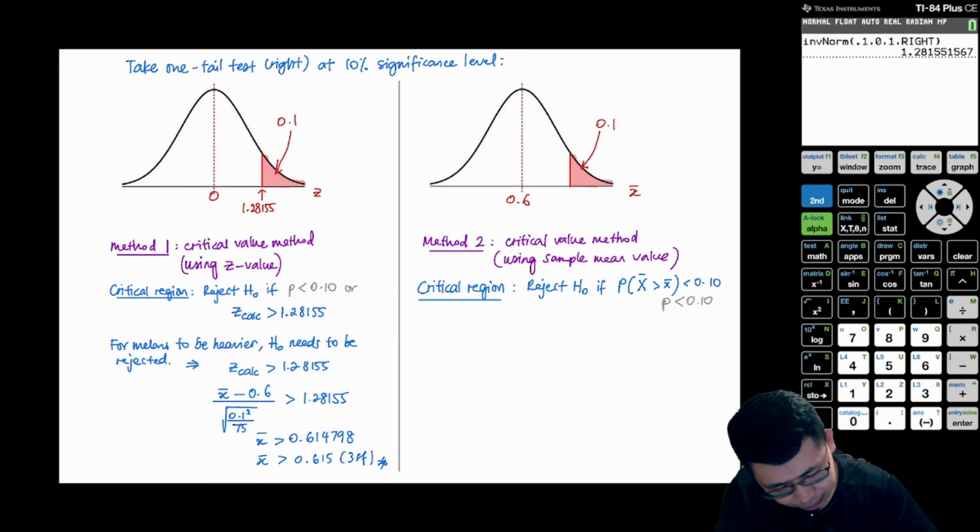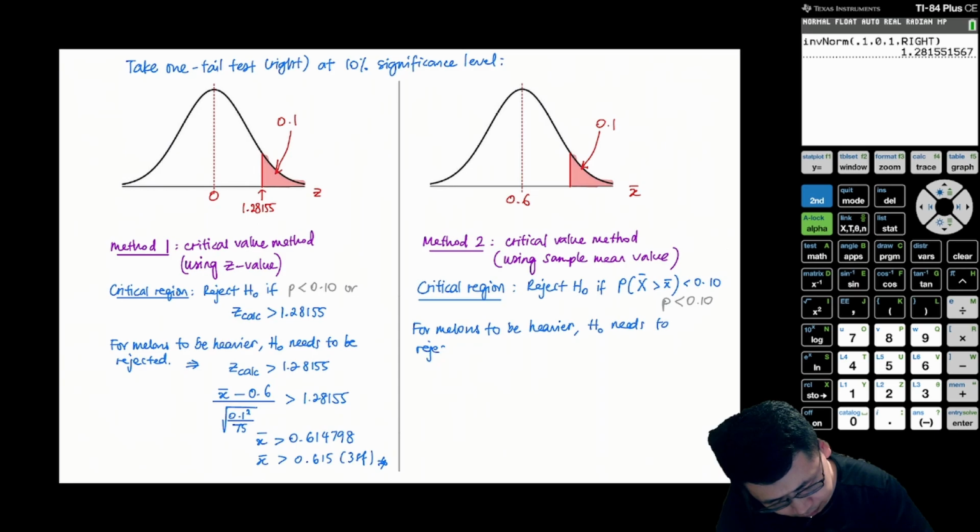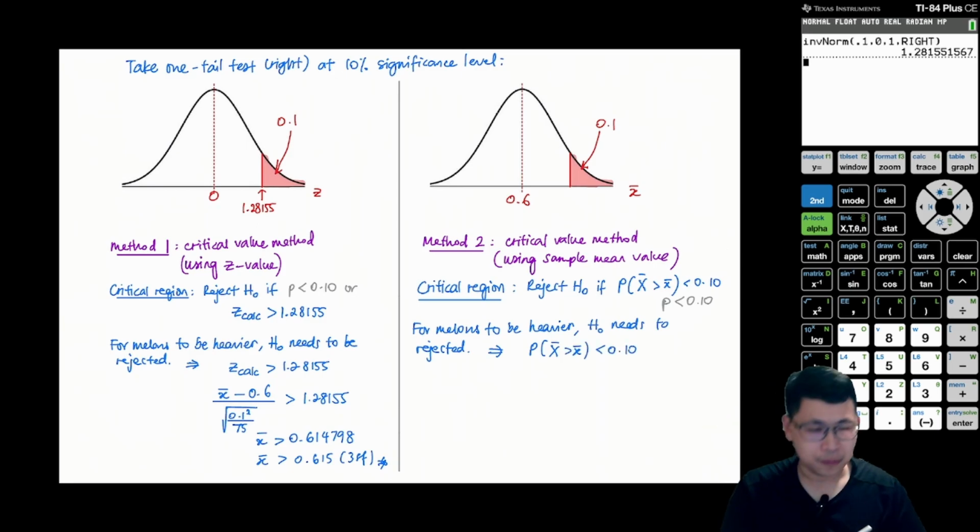And so with this, for melons to be heavier, H naught needs to be rejected. So this means that this probability over here must be less than 0.10.